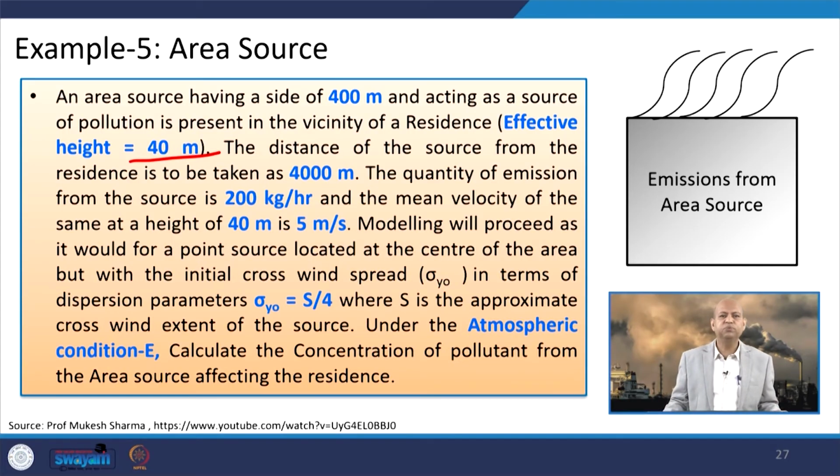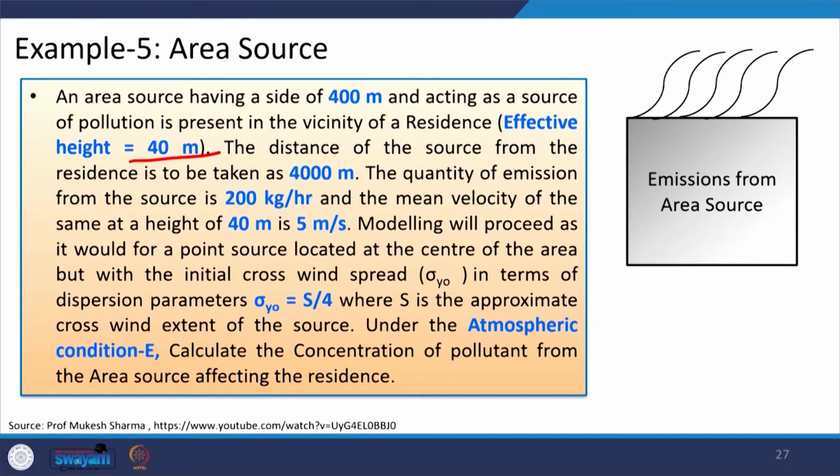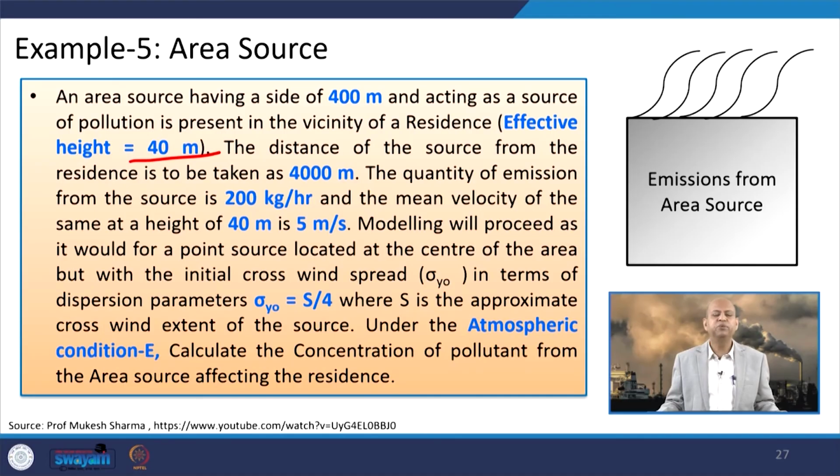The distance of the source from the residence is to be taken around 4000 meter, that is 4 kilometer, and the quantity of emission from the source is 200 kilogram per hour, and the mean velocity at the height of 40 meter, that is the effective stack height, is around 5 meter per second, that is the wind velocity. The modeling will proceed as a point source, as we have assumed a virtual point source.